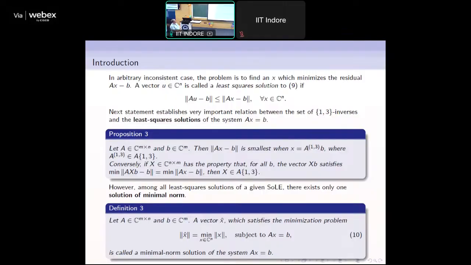There is a possibility to find a least square solution. Least square solutions satisfy this condition: the norm of an arbitrary least square solution must satisfy the norm of AU minus B is less than or equal to the norm of AX minus B.